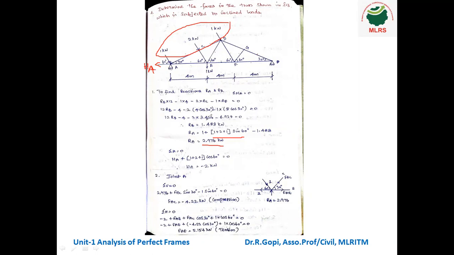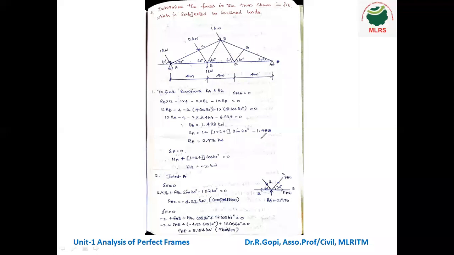Finally we got 2 kilonewton. HA is acting on the opposite side, so it is minus 2 kilonewton. You can see the arrow in this picture. This is the procedure for calculating RA, RB, and HA when inclined load is acting.